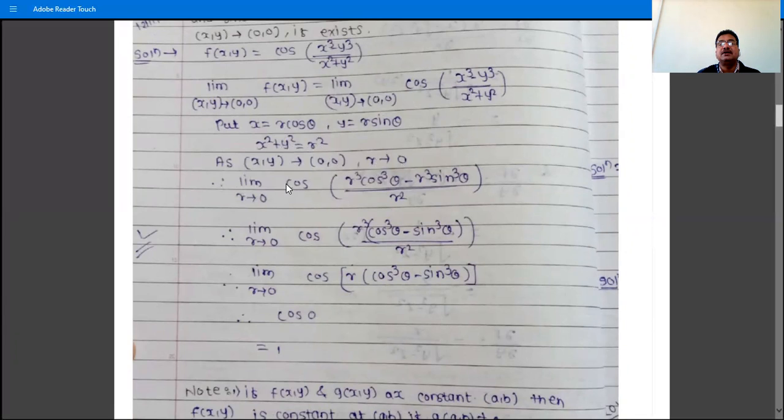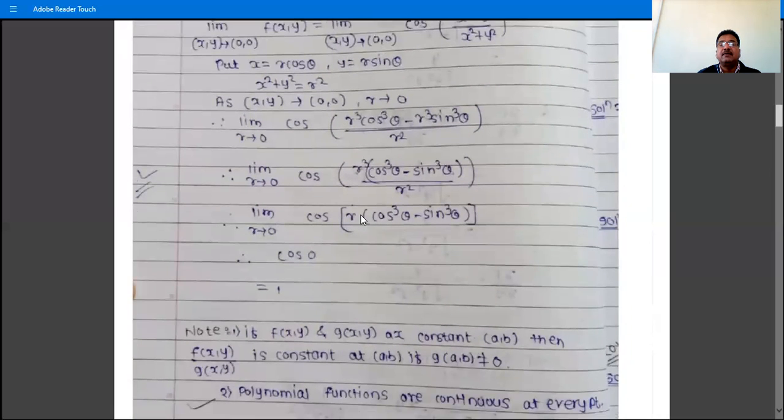So continuing, this is equal to the limit as r tends to 0 of cos((r cube cos cube theta minus r cube sin cube theta) divided by r square). Take r cube as common, then r square gets cancelled with x square plus y square, which is r square. Then we have cos(r (cos cube theta minus sin cube theta)).